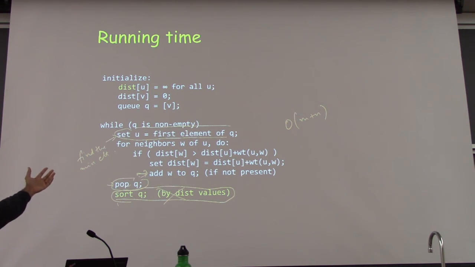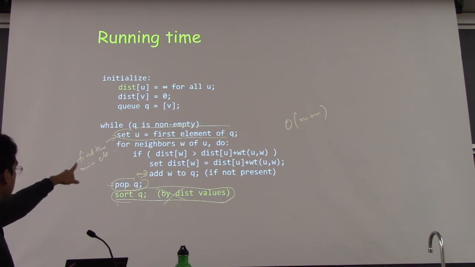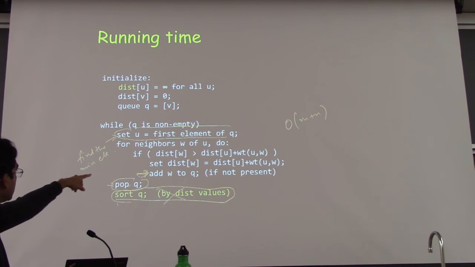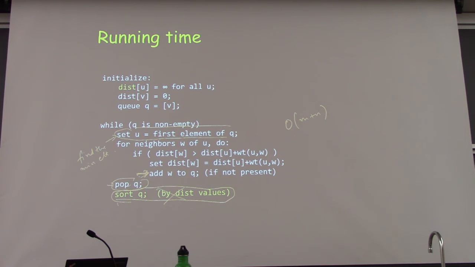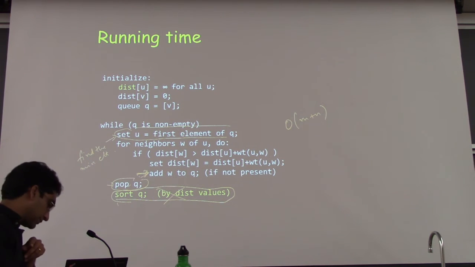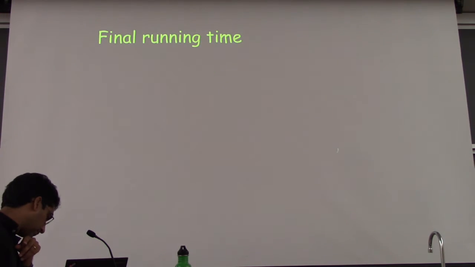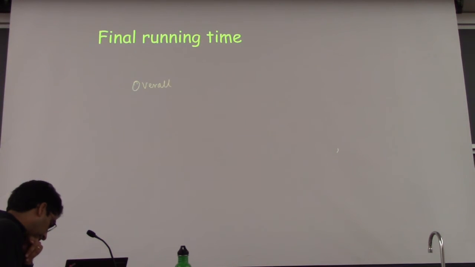This is using binary search trees. And all these additions and updates each take O(log n) time. So if you think about it, you will end up with overall running time (m plus n) times log n.